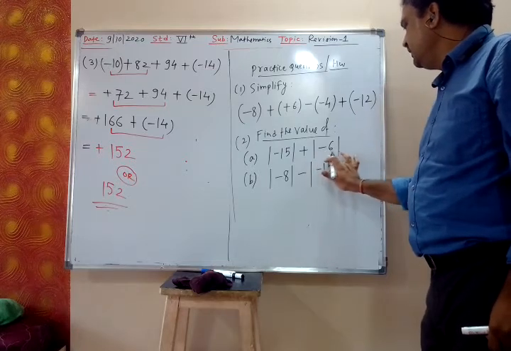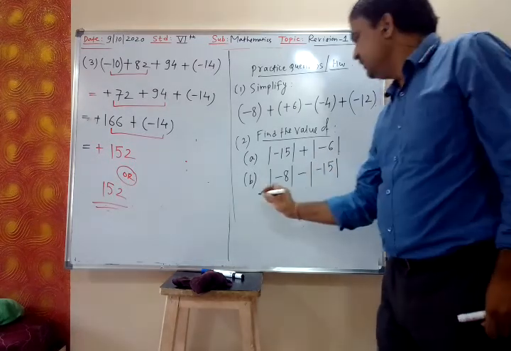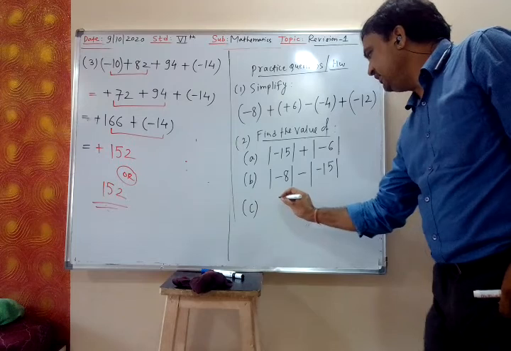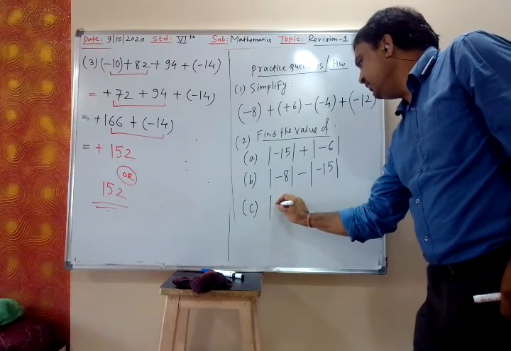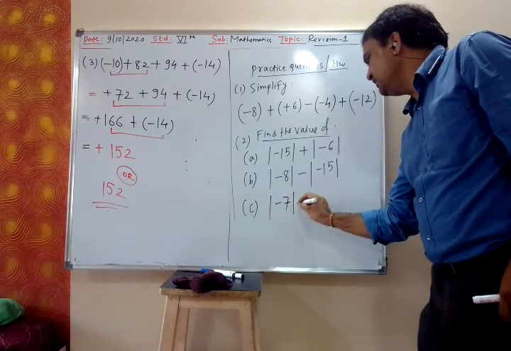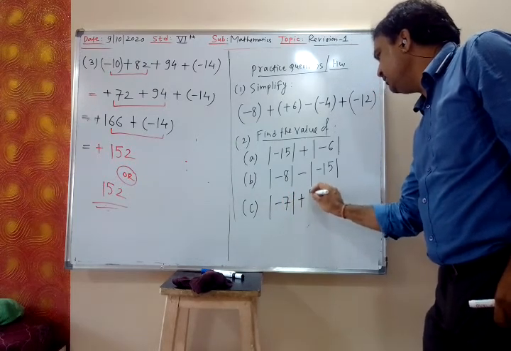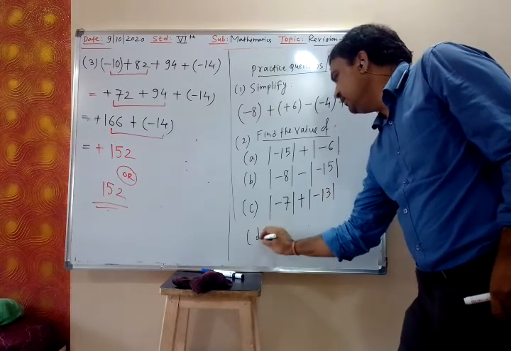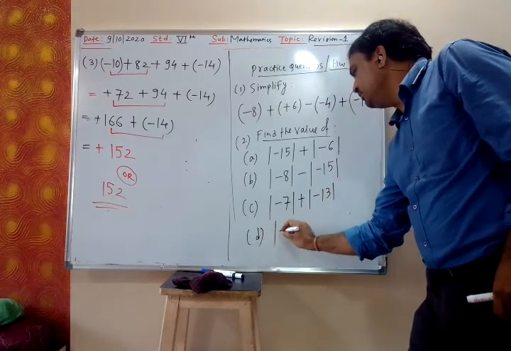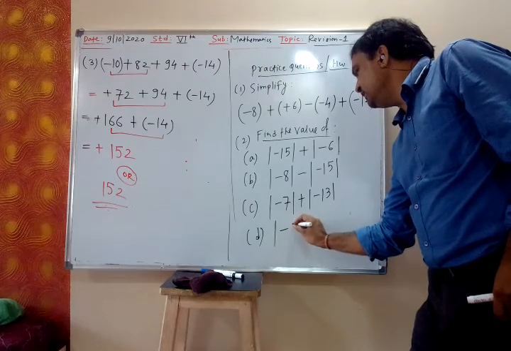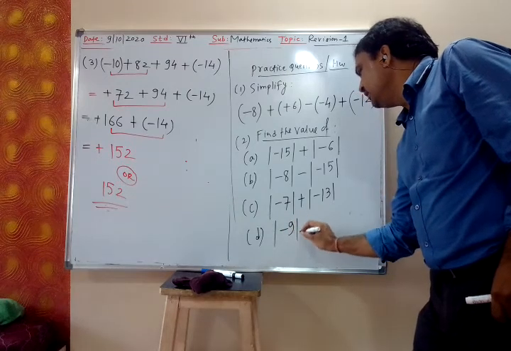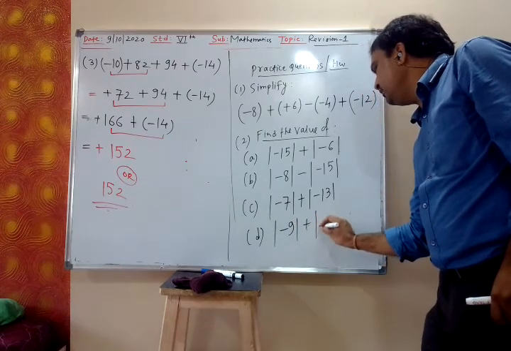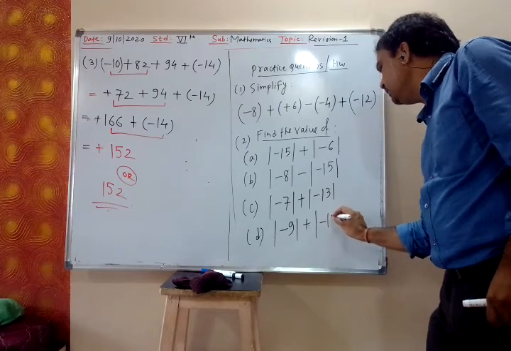It is clear, right? C, mod of minus 7 plus mod of minus 30. D, mod of minus 9 plus mod of minus 12.